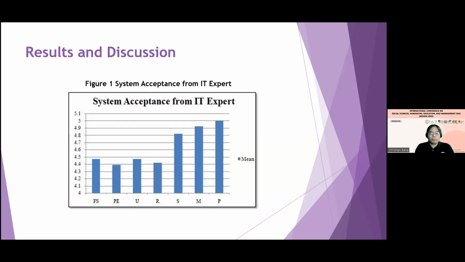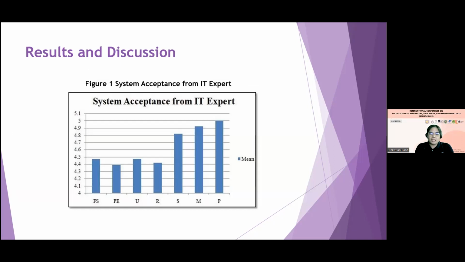And the figure shows the different criteria of the system acceptance from the IT specialists. Functional suitability is evaluated at 4.47, which means the system provides functions that meet stated and implied needs when used under specified conditions.